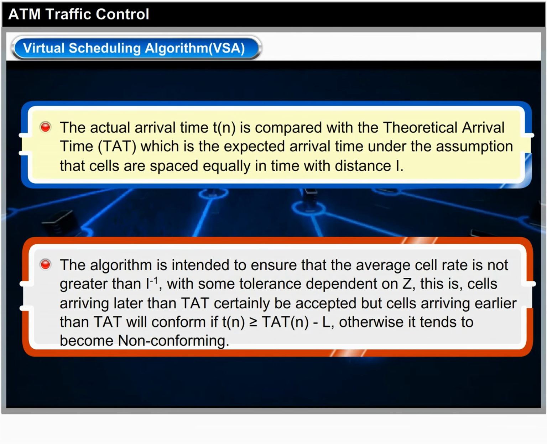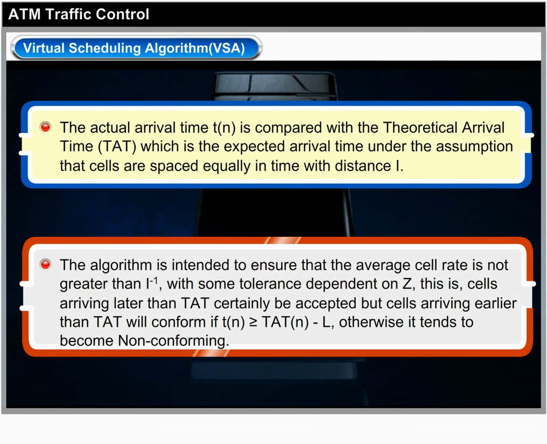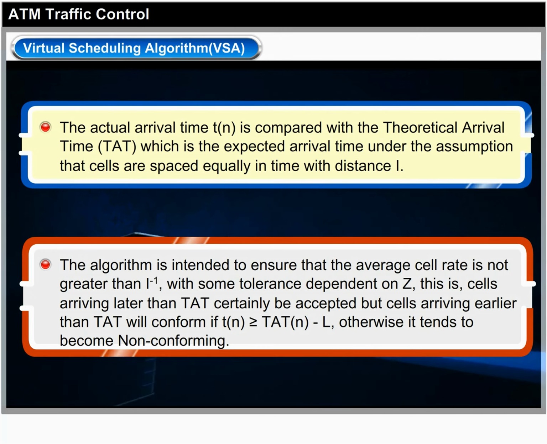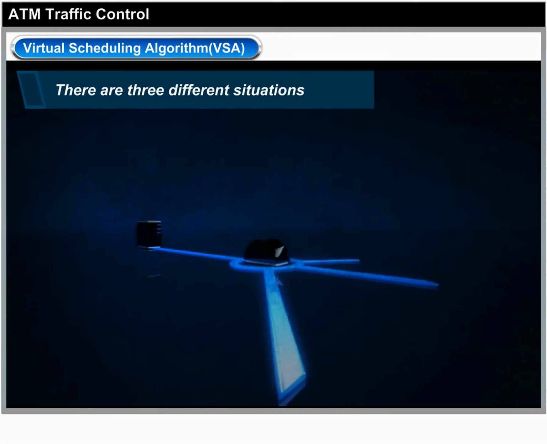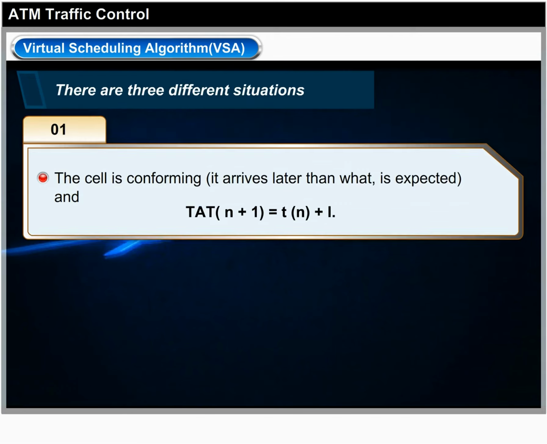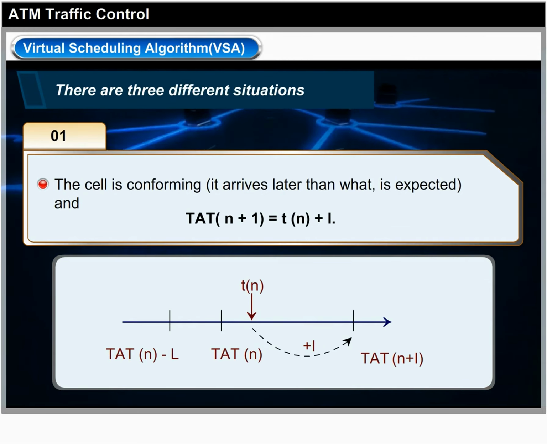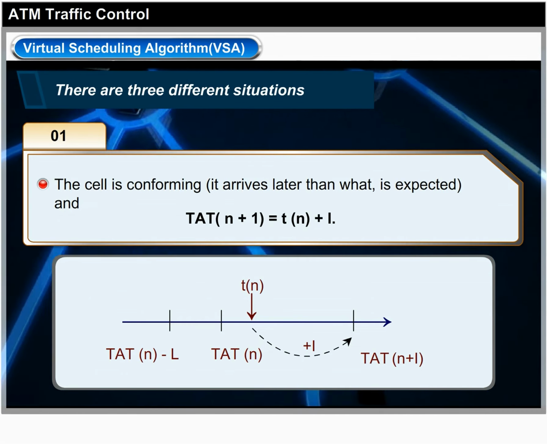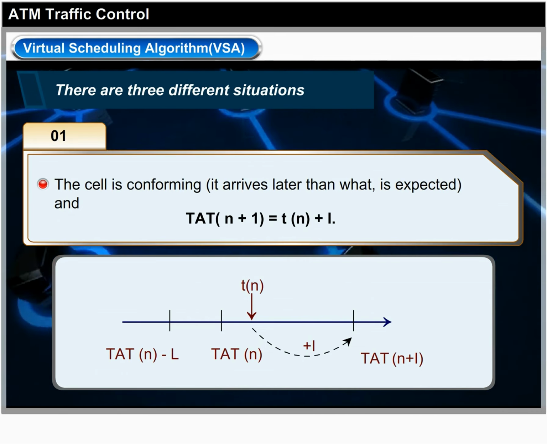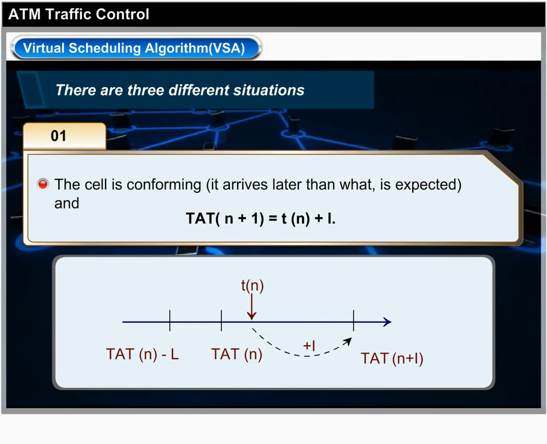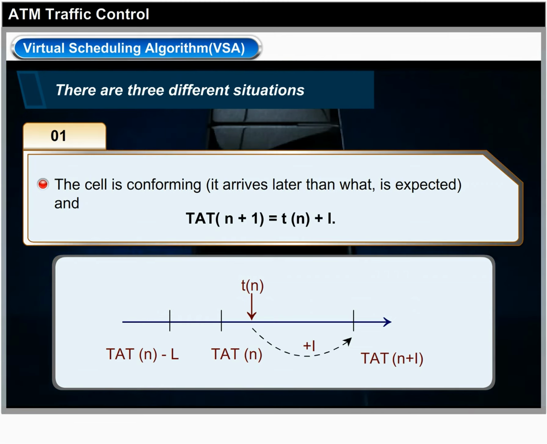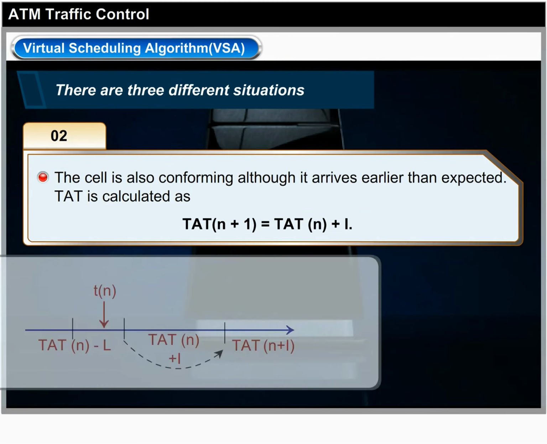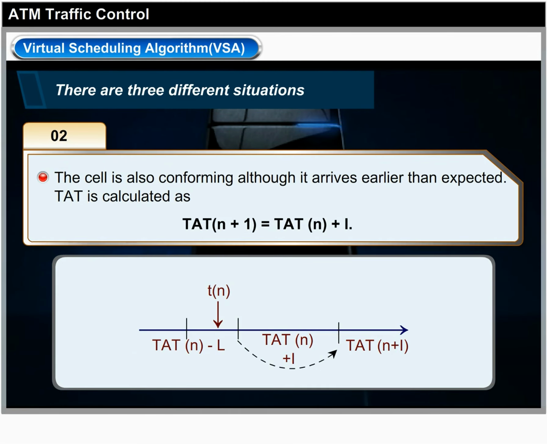The TAT value for the next cell is calculated as a function of T of n. There are three different situations. A. The cell is conforming. It arrives later than what is expected, and TAT of n plus 1 is equal to T of n plus I. B. The cell is also conforming, although it arrives earlier than expected.